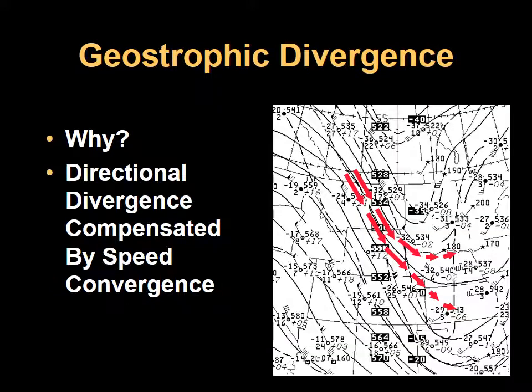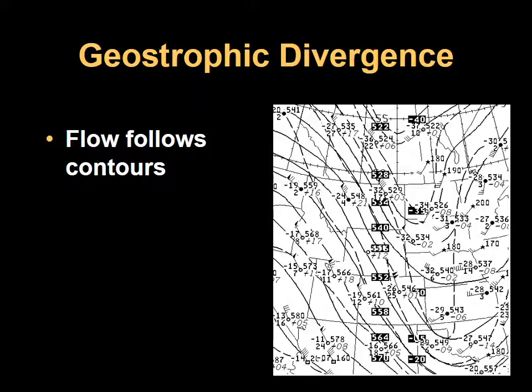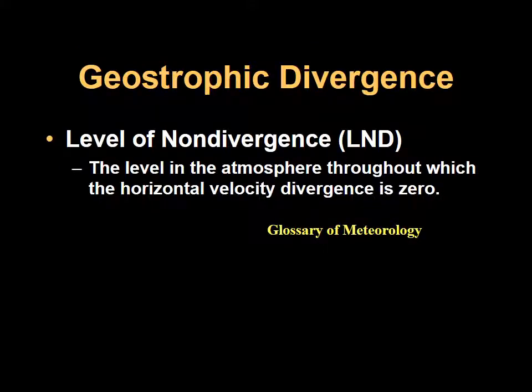As I mentioned, directional divergence is compensated by speed convergence, and you can see that in all the weather charts. The flow follows the contours. This is just reiterating what we talked about before. So, in the middle of the atmosphere, where you do have this balance between directional convergence and speed divergence, we call that level the level of non-divergence.